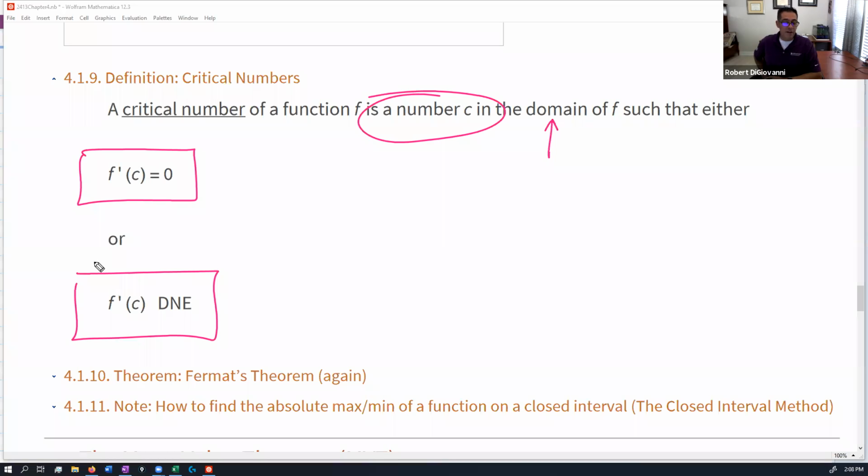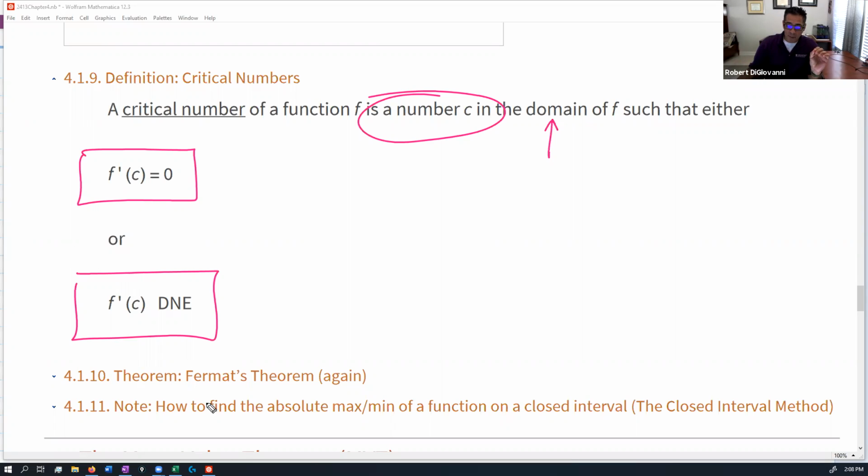Either the derivative is 0 at that number or the derivative doesn't exist at that number. So if we take the derivative of a function, anywhere the derivative is 0 or anywhere the derivative doesn't exist is a critical number.